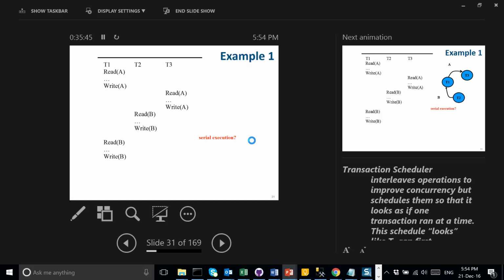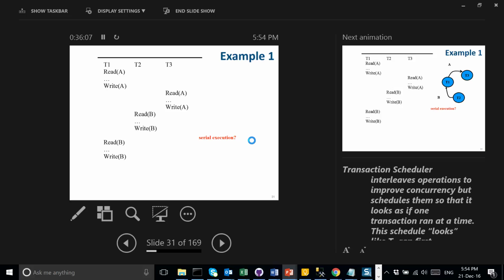So it will be granted, and then it will be able to write B. Of course, this one is still going. T3 cannot do anything. It has to wait.